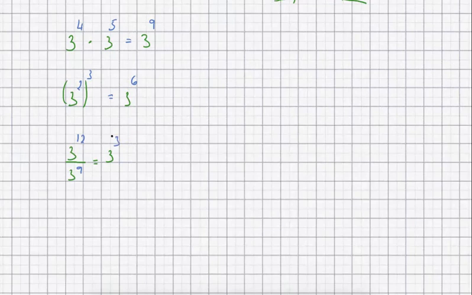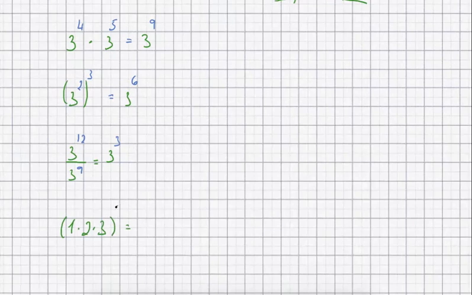Now let's see the other one. If you have 1 times 2 times 3, and all of this is to the power of 5, do you know?